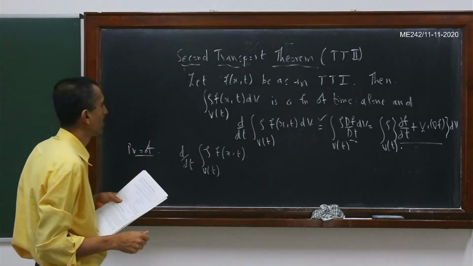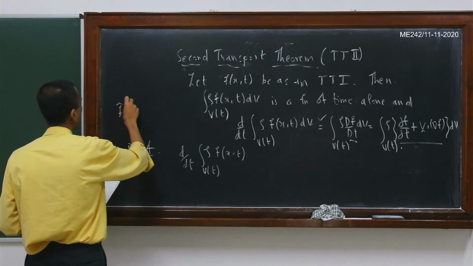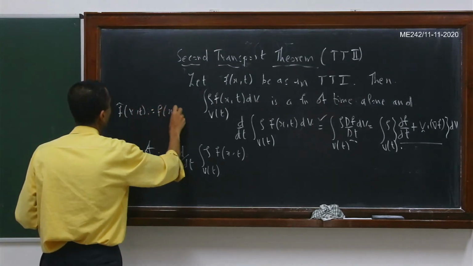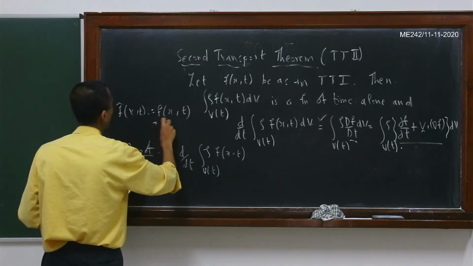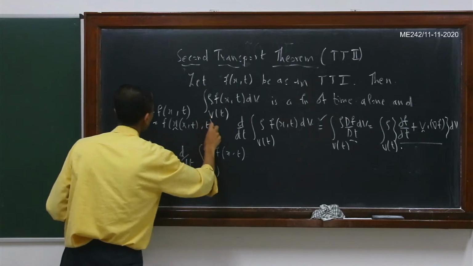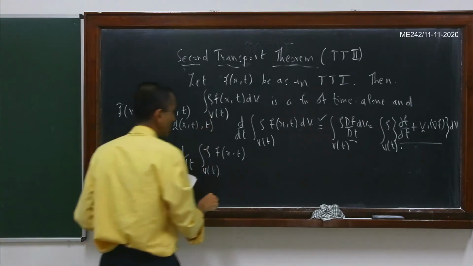So I will define my f tilde of x comma t as equal to f of x comma t, which is equal to f of chi of x comma t comma t. This is exactly like what we did in the first transport theorem.